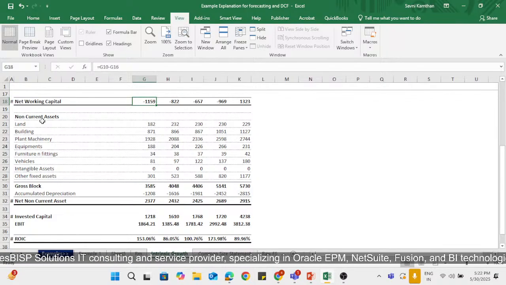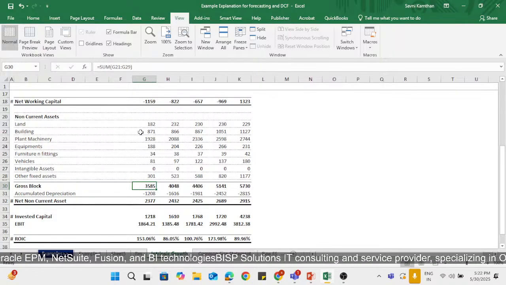Now if I want to calculate my non-current assets, in non-current assets my land, building, plant and machinery, equipments, furniture and fittings, vehicles, intangible assets, other fixed assets will be coming. So if I calculate all those things, then I will be getting my gross block.